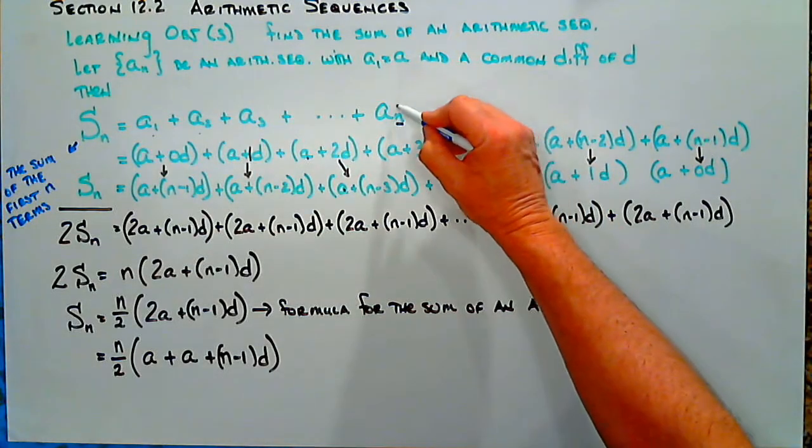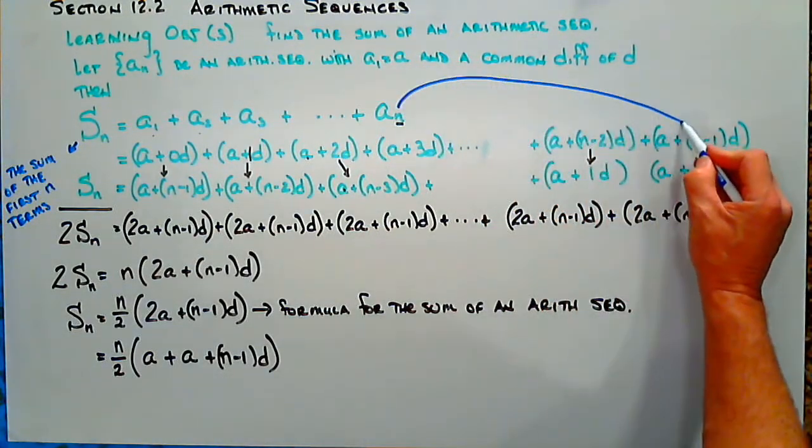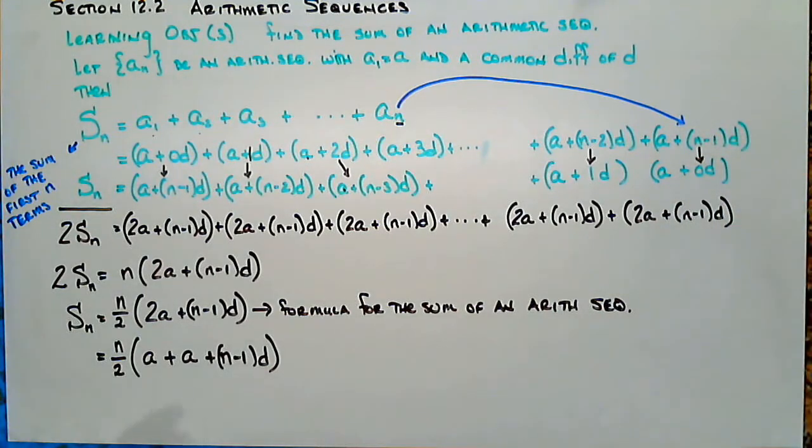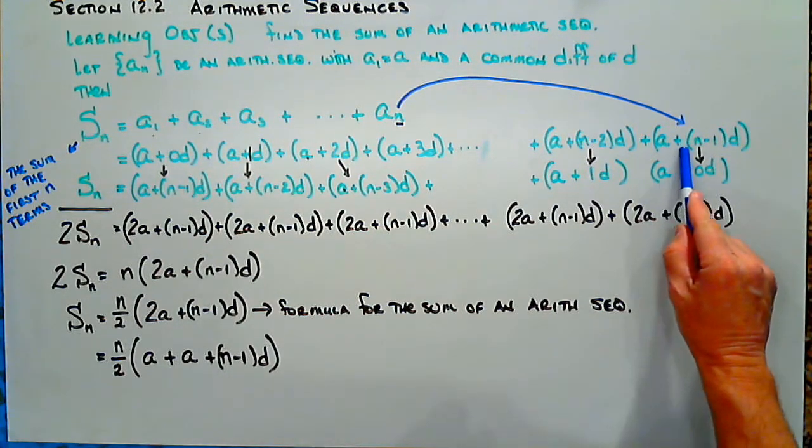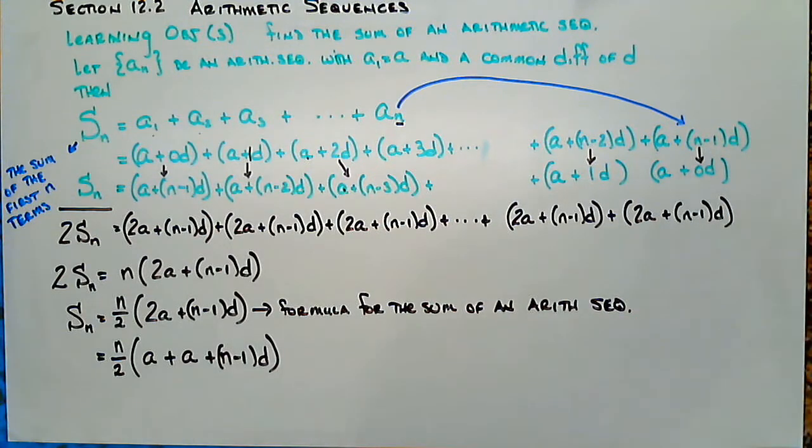What did we decide the nth term was? We have this written in our notes. We know what the nth term is. The nth term is a plus n minus 1 times d. Well, look right here. A plus n minus 1 times d.